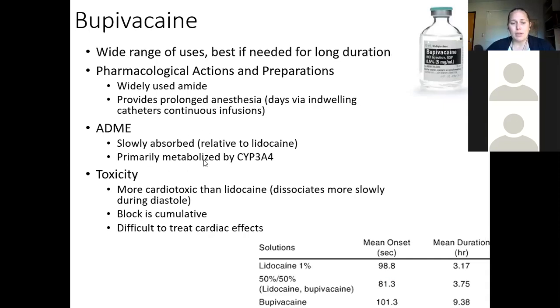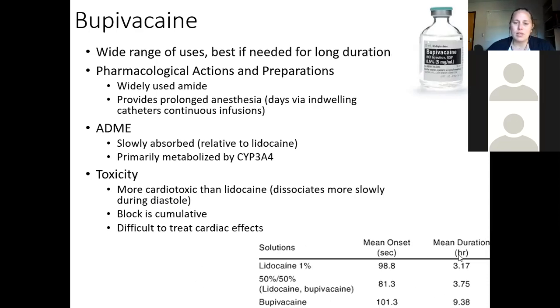It's primarily metabolized by CYP3A4. It is worth noting, though, that it is more cardiotoxic than lidocaine, and the block is more cumulative with multiple injections than you would otherwise anticipate. It is also difficult to treat these cardiotoxic effects when they occur.